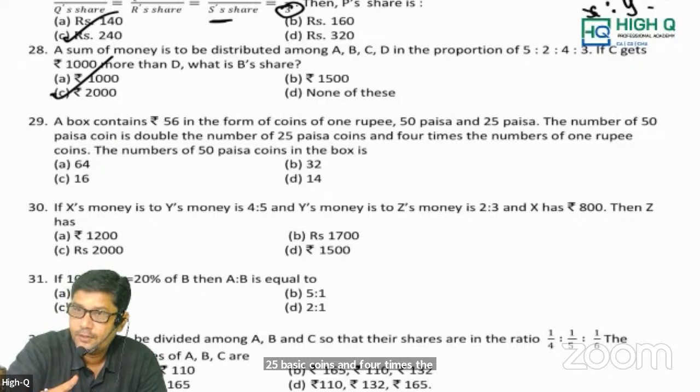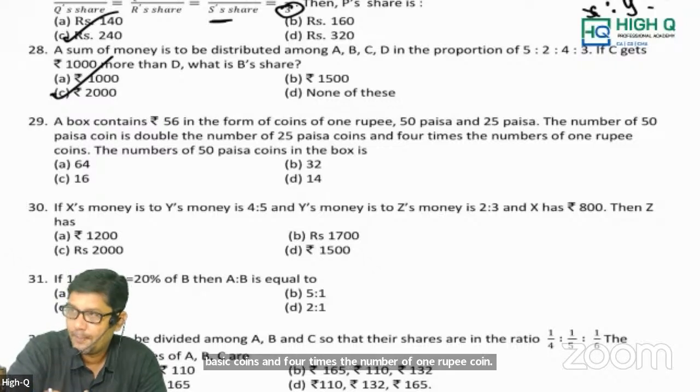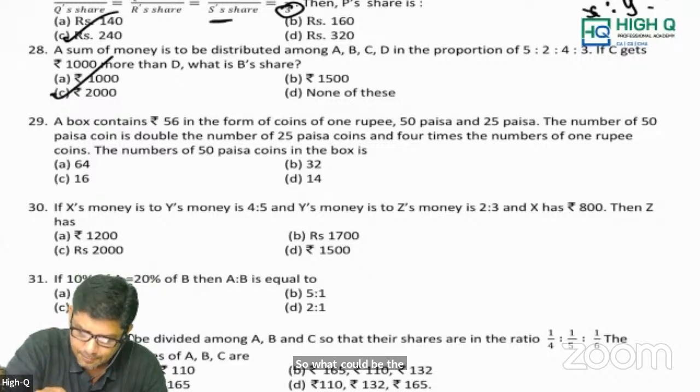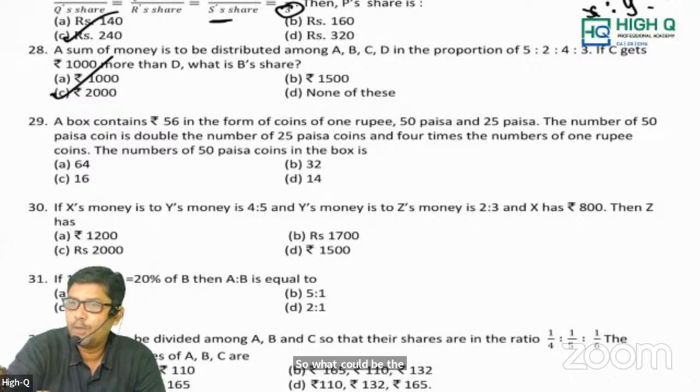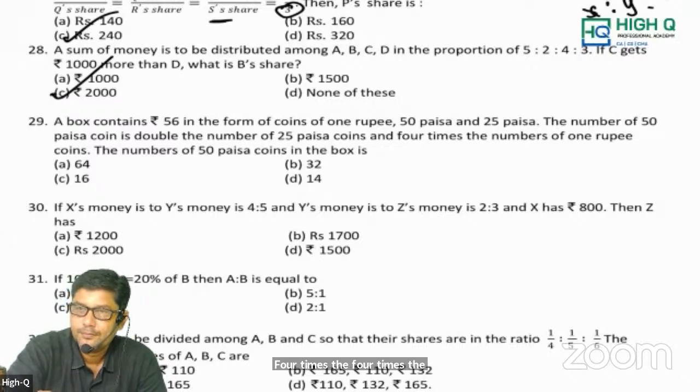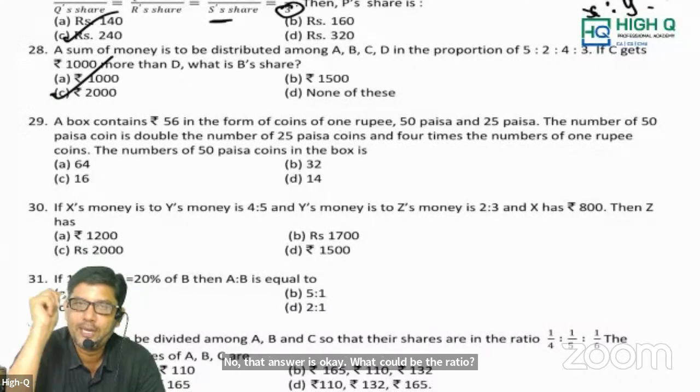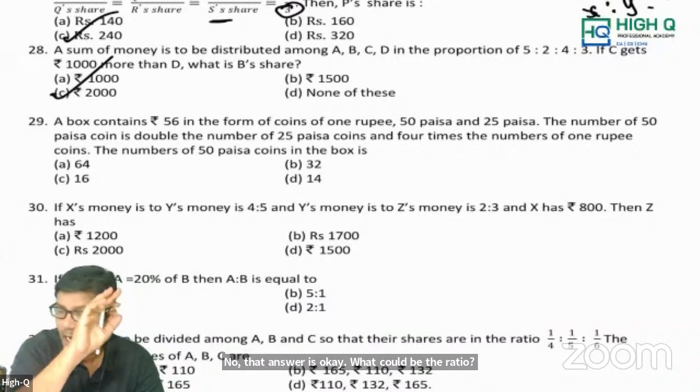Double the number of 25 paise coin, 4 times the number of 1 rupee coin. So what could be the ratio?